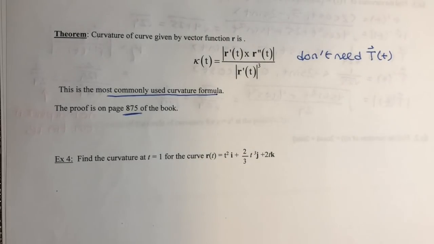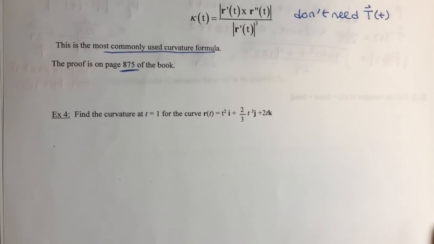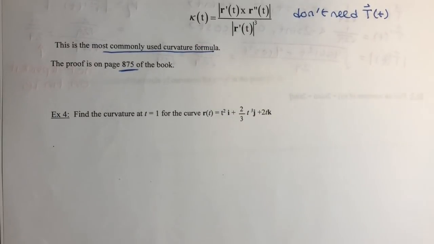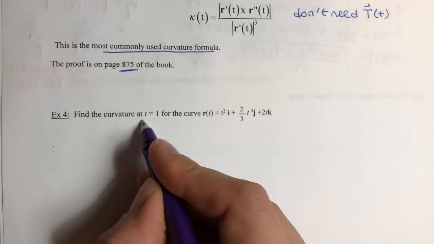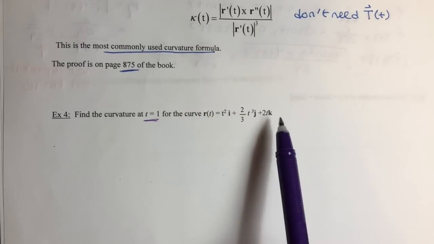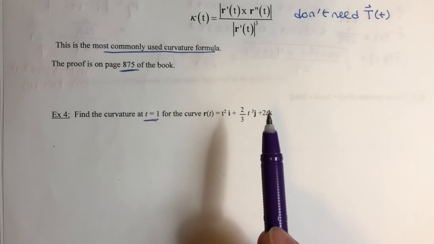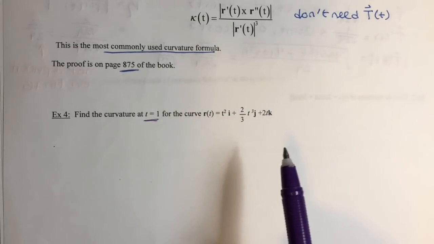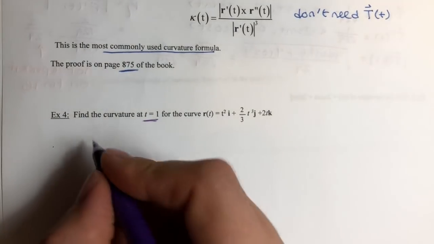All right, so let's try using this formula for this next example. I'll try to leave it there at the top, just so we know. We're going to find the curvature at a specific time. And that specific time is important because now we're dealing with something that's not a circle. So the curvature could change with respect to time. First things first, I'm just going to start taking derivatives.